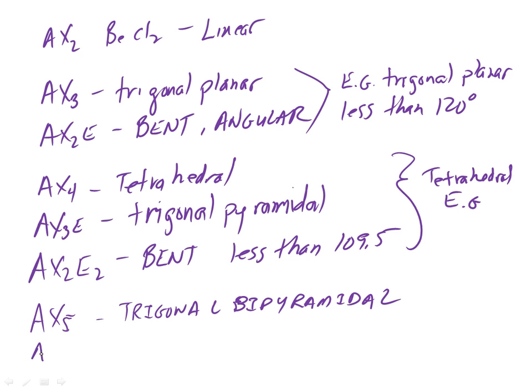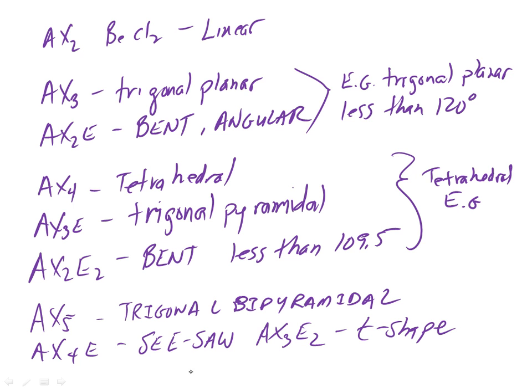And then we have the subcategory AX4E, which was seesaw. And then we had AX3E2, which was T-shaped. And then the last one in this category was AX2E3, which was linear.